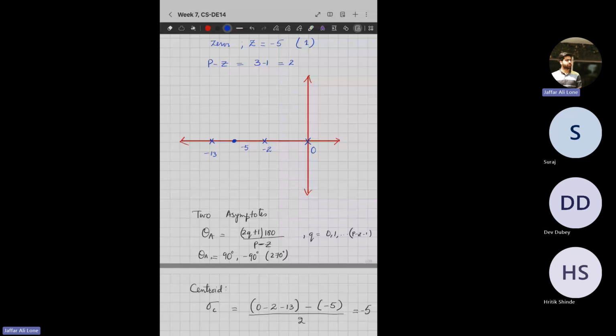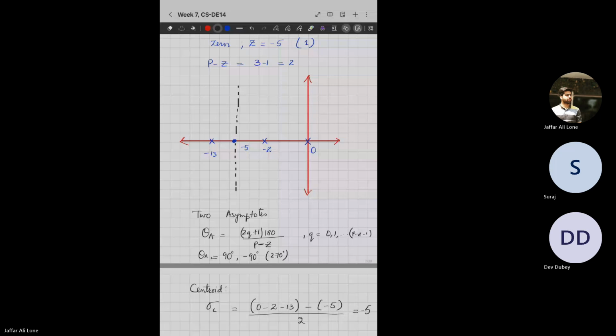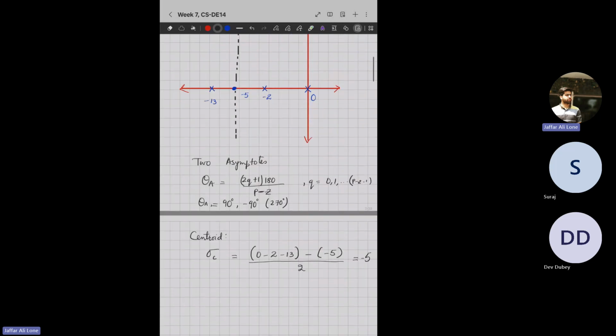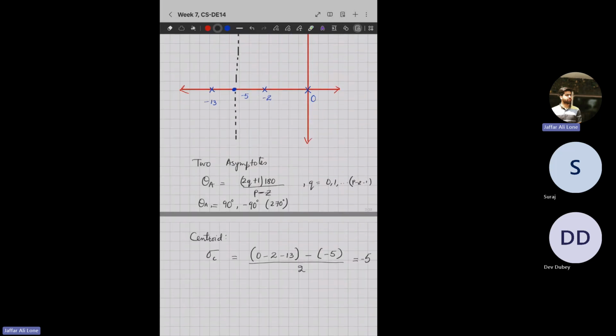At this centroid, I will draw the asymptotes, one at 90 degrees, the other at minus 90 degrees. So these are my asymptotes.